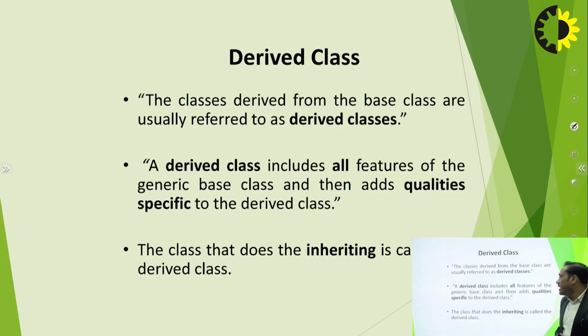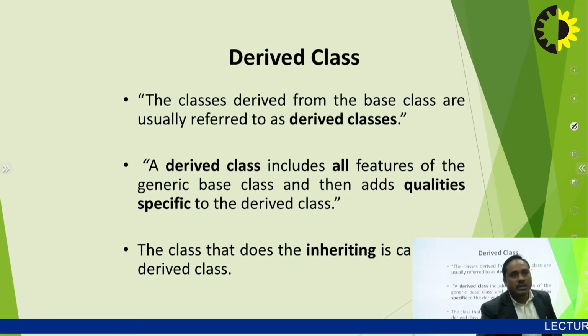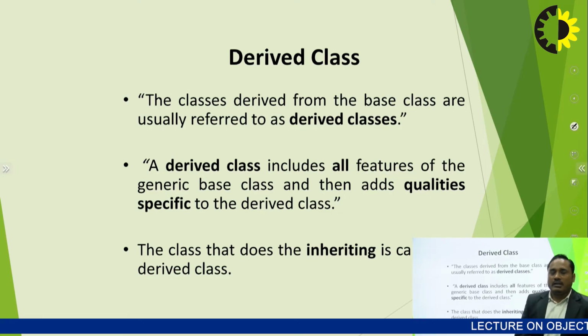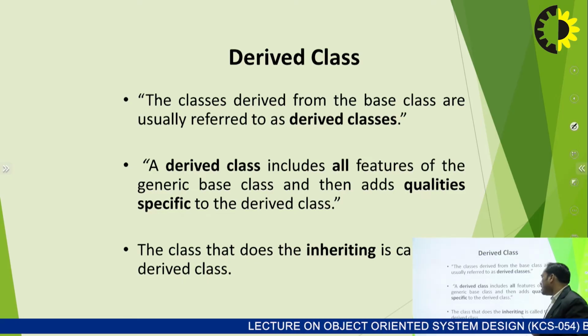The second point is that a derived class includes all features of the generic base class and adds qualities specific to the derived class. So the derived class inherits the properties of the main class. The last one is the class that does the inheriting; it is called the derived class.